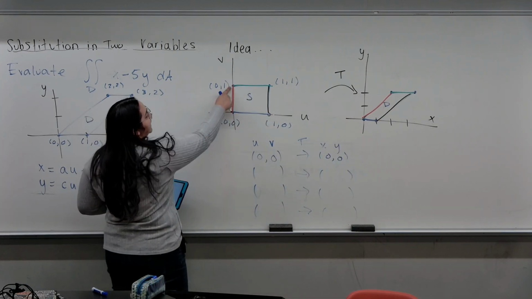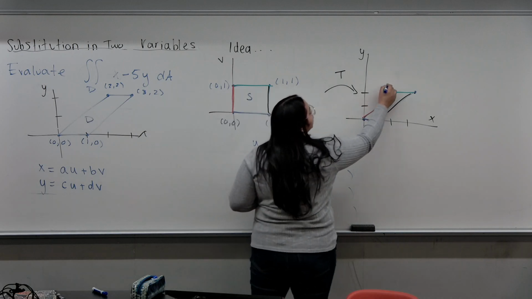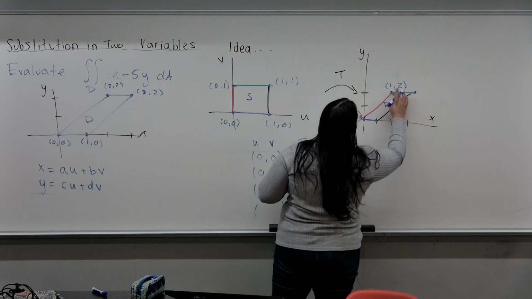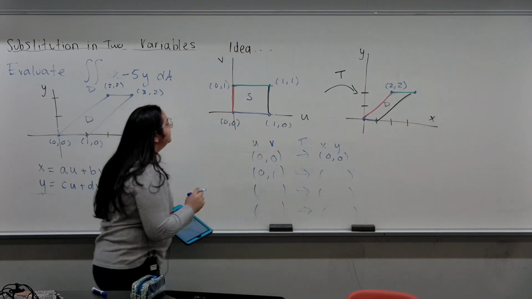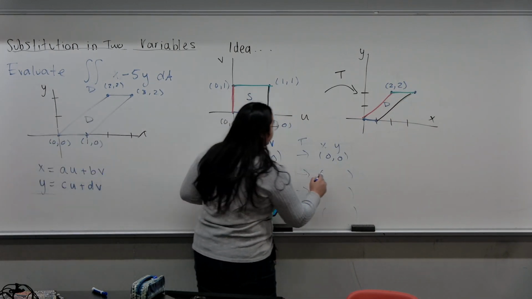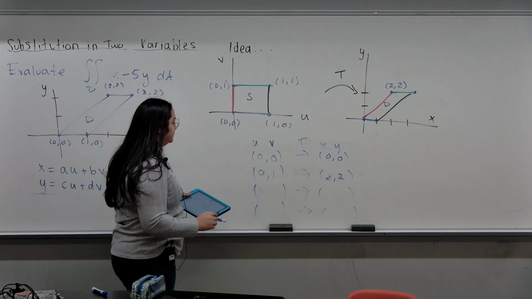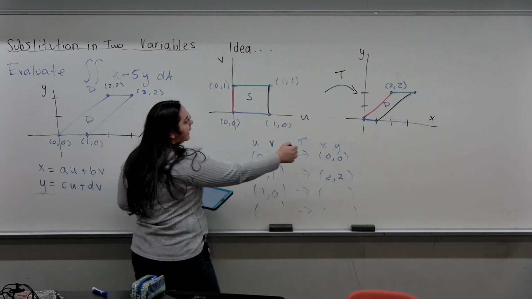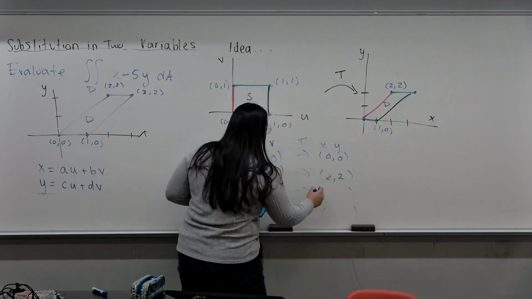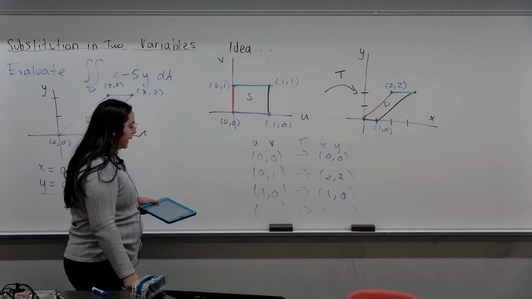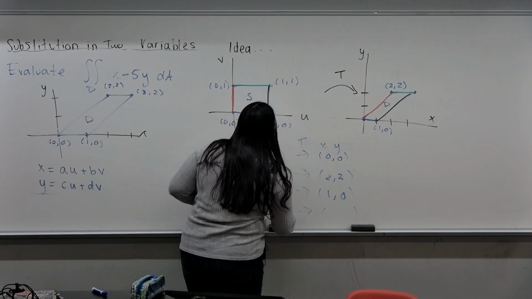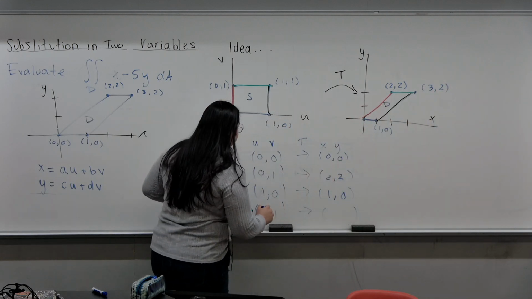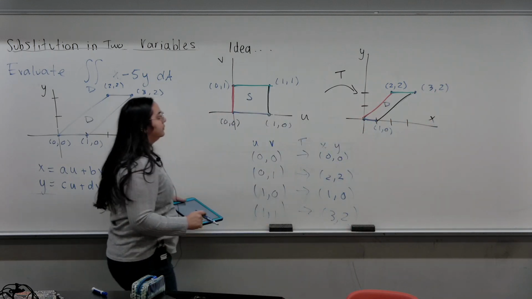In the uv plane, 0, 1 gets mapped to, sorry, 2, 2. So 0, 1 got mapped to 2, 2. 1, 0, this vertex here, got mapped to 1, 0. And 1, 1, this vertex up here, got mapped to 3, 2 in the xy plane, right?